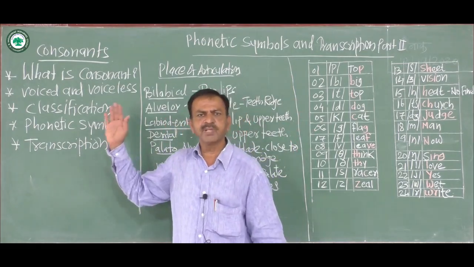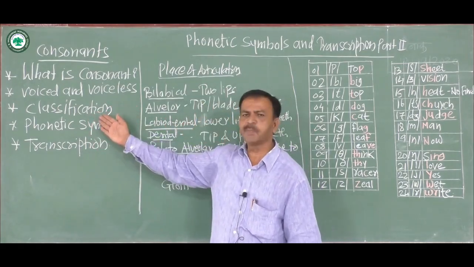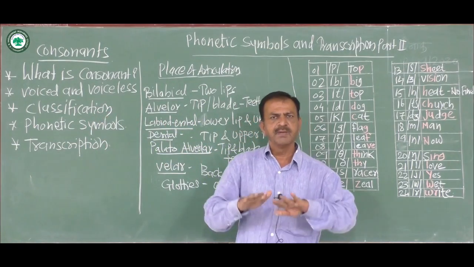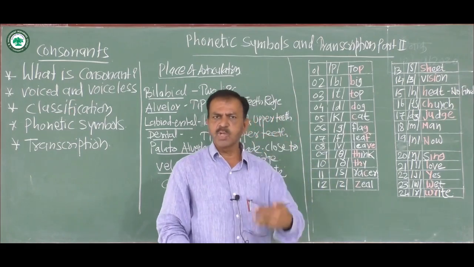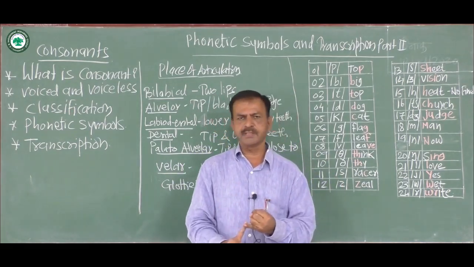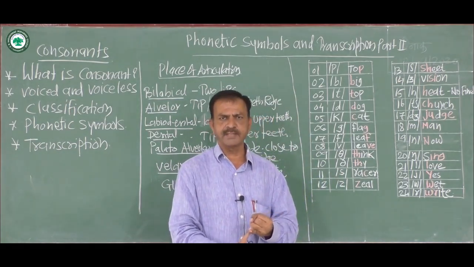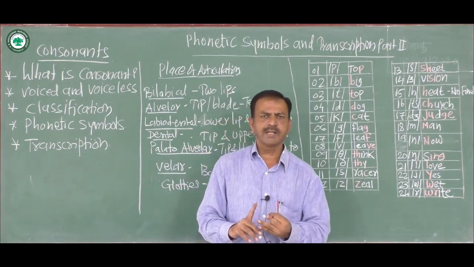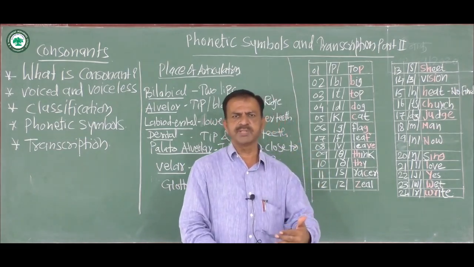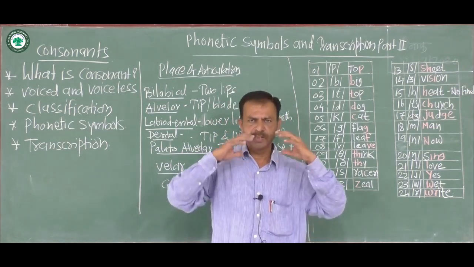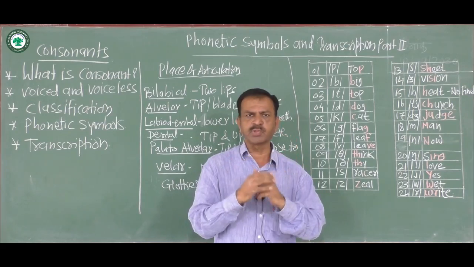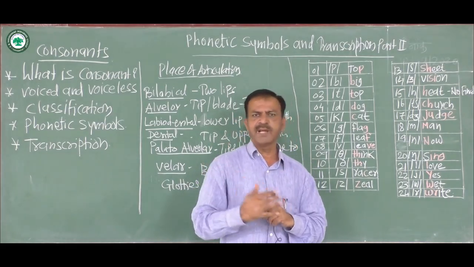My third point is classification of sounds. In the classification, we classify the consonants in different ways, such as whether the sound is voiced or voiceless. We can classify the sounds on the parameters of place of articulation, that means where in our mouth cavity the sound is produced, and manner of articulation.